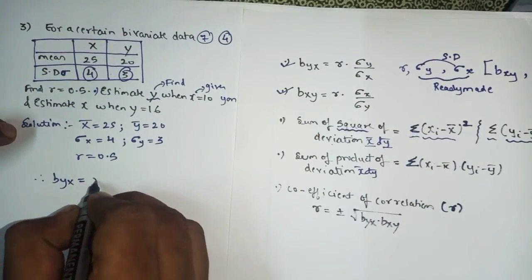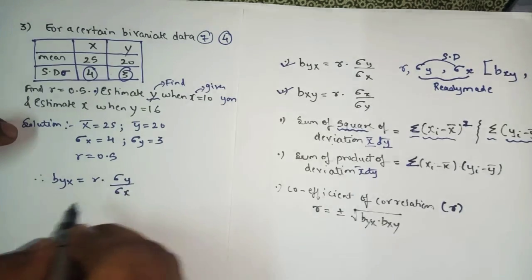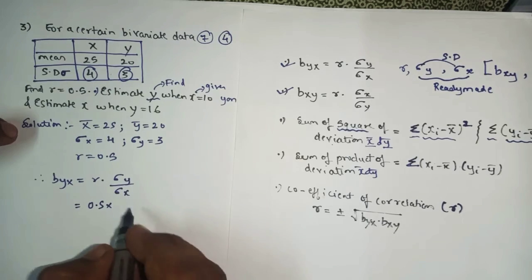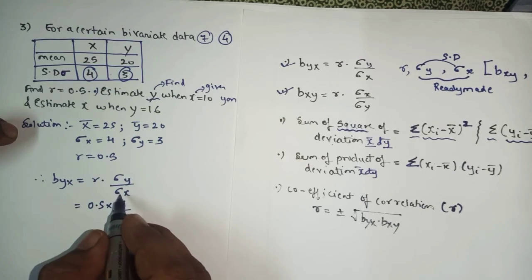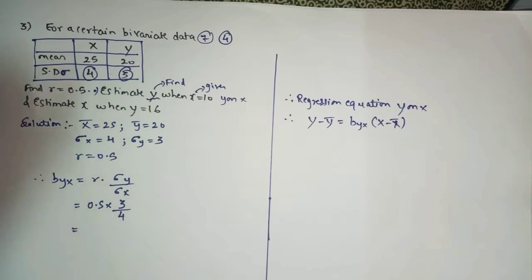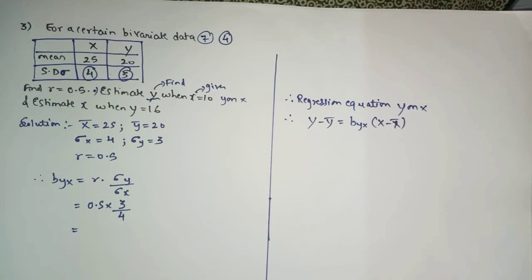So byx is r into standard deviation of y upon standard deviation of x. So r is 0.5, into standard deviation of y, which is 3, upon standard deviation of x, which is 4. Understood?